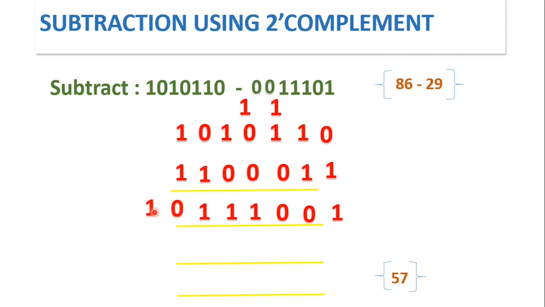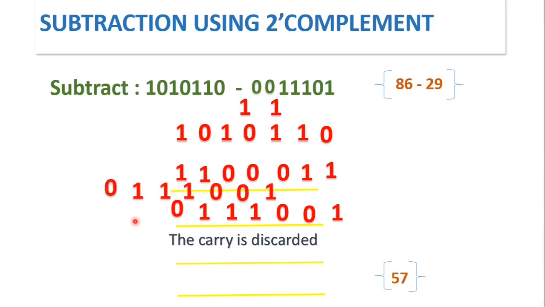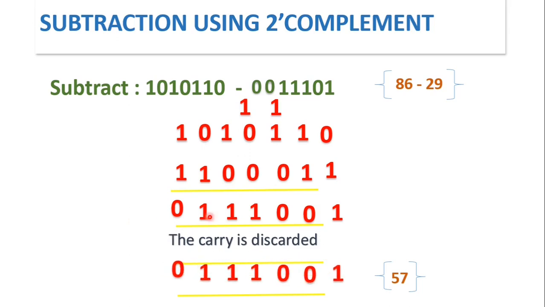You can see that we have a carry, and whenever we have a carry, the answer is positive. The next step is that we discard the carry when we are subtracting using the 2's complement. When we discard this carry, the answer that we get is 0 1 1 1 0 0 1, which is equivalent to 57. So the answer that we get is correct.